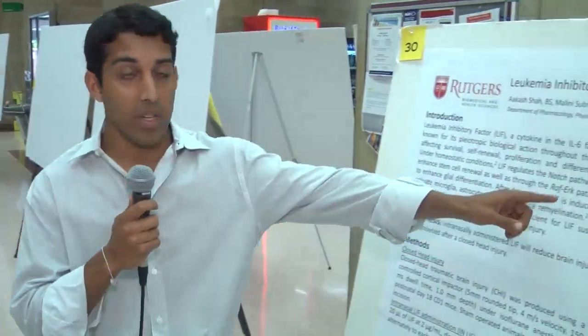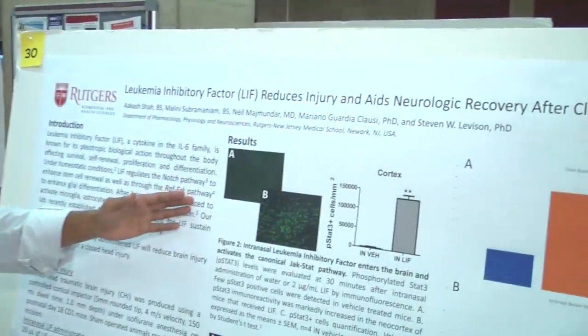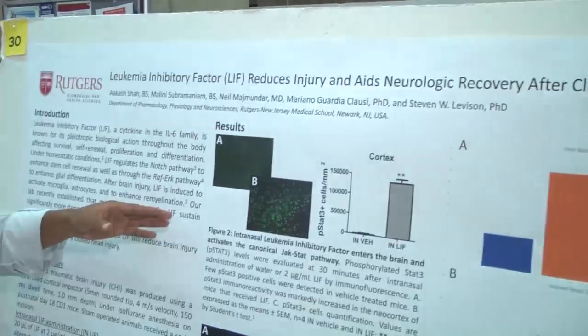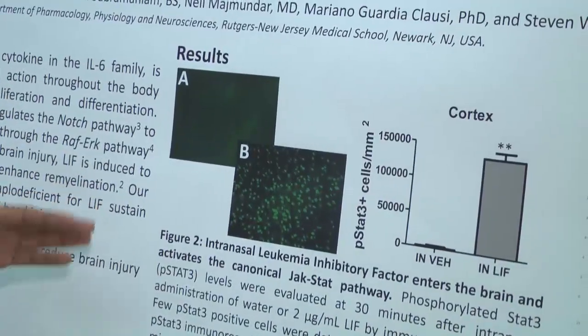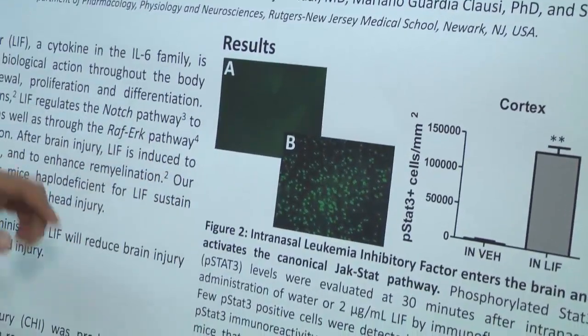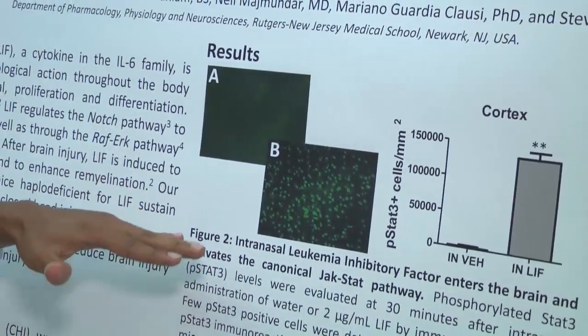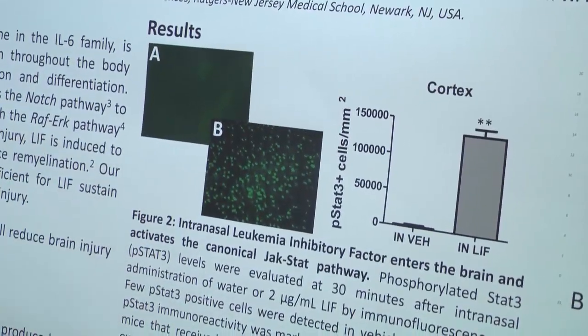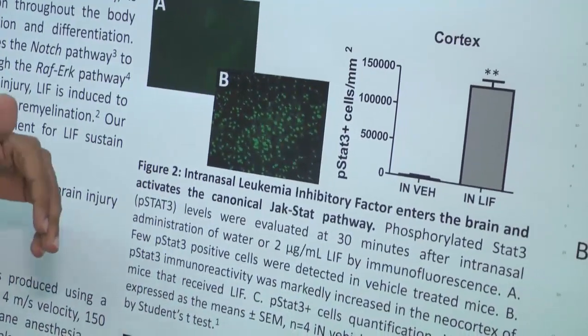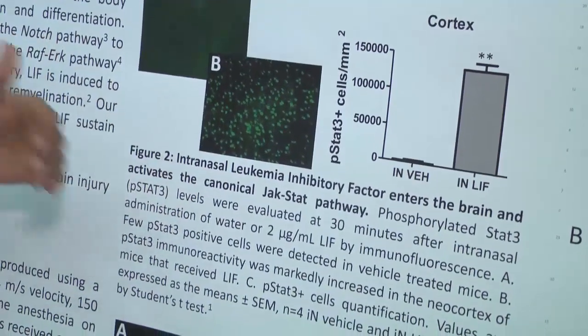So basically what we saw was that we wanted to show initially that intranasal LIF does in fact activate the canonical LIF pathway, which is a JAK-STAT pathway. And here we show that in the LIF mice, the p-STAT3, which is a downstream molecule in the JAK-STAT pathway, is actually activated after LIF administration.